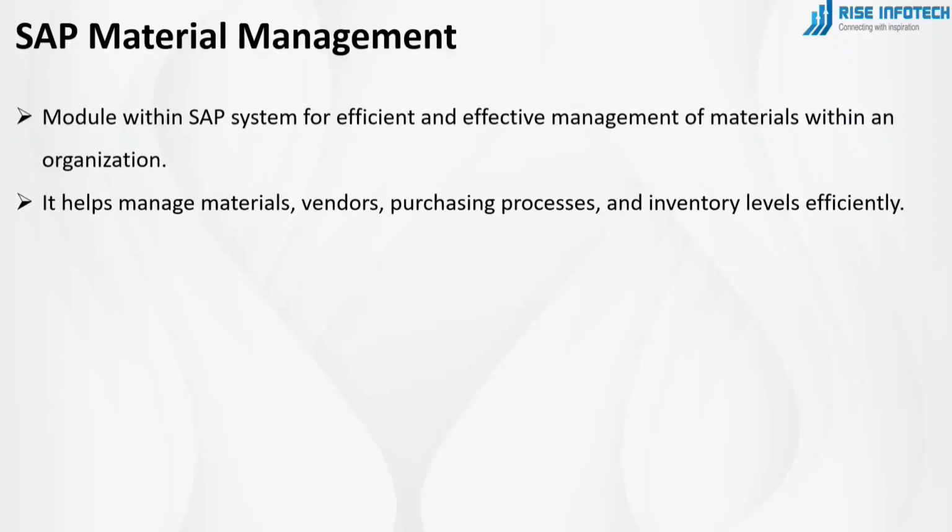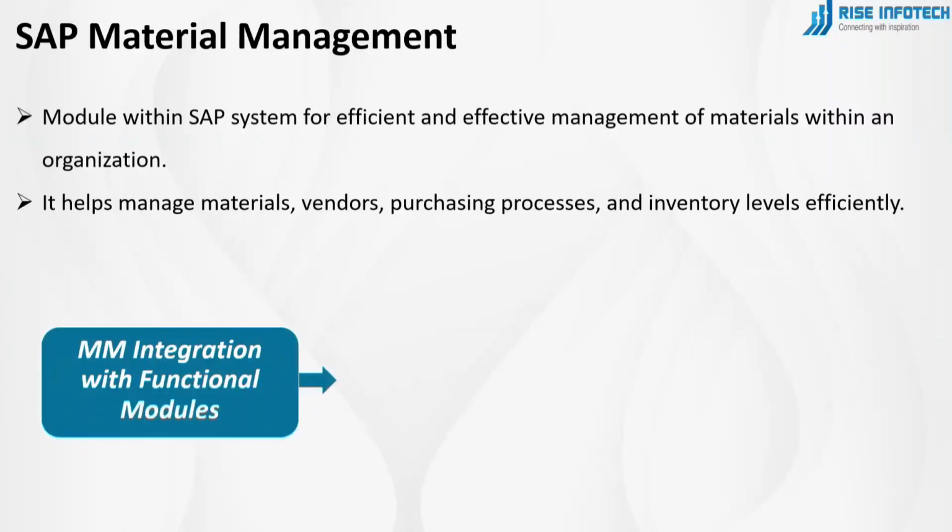It involves all the vendor details, purchasing details, storage location details, everything related to material in and out of the SAP system, which comes under SAP Material Management. Material management cannot stand solely on its own, so it has to integrate with some of the functional modules listed before.